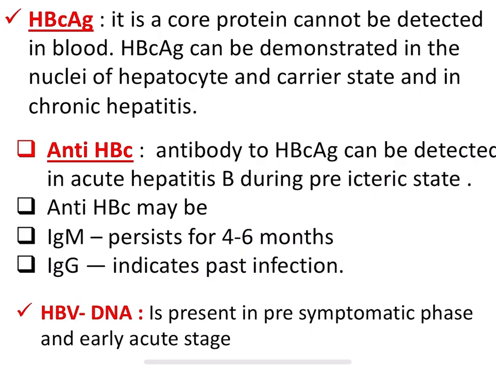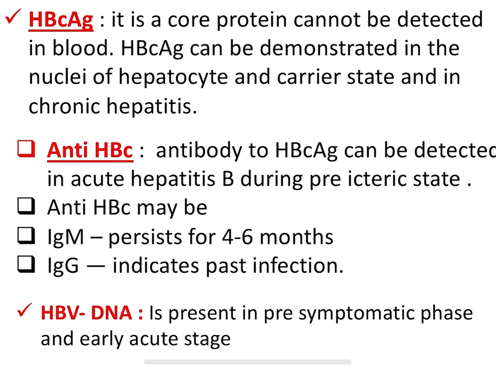IgM obviously will show an acute infection. It will persist for 4 to 6 months. IgG will show some past infection. As we have discussed multiple times in our previous lectures, IgM indicates recent, acute infection and persists for 4 to 6 months. After more than 6 months, or in a past infection, the IgG will be seen.